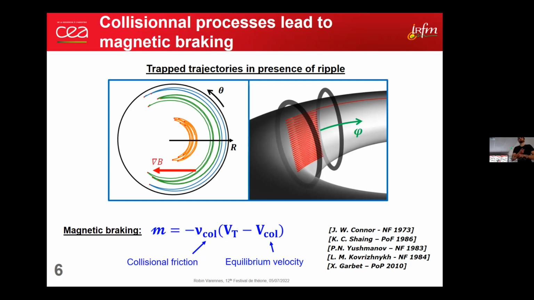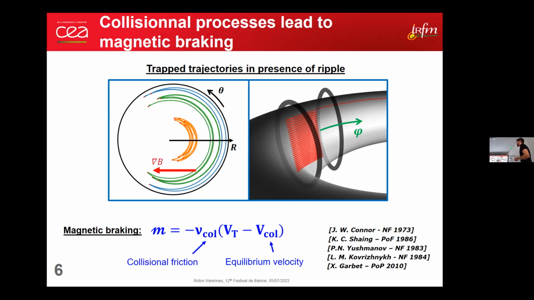If you don't know what that is, basically the particle wants to travel along the magnetic surfaces, which will be a circle in this projection. But they also explore a varying magnetic field amplitude. So some of those particles will actually go back and forth, and we call them banana trapped particles. Under the effect of ripple, you can see that the banana bounce point here will drift both radially and poloidally. So this is one of the constraints.